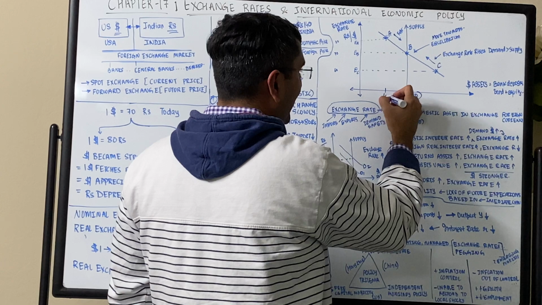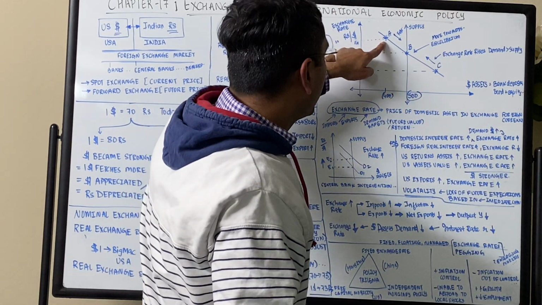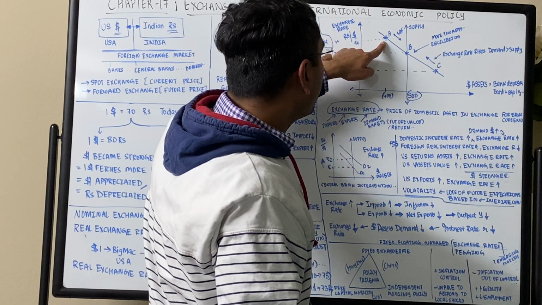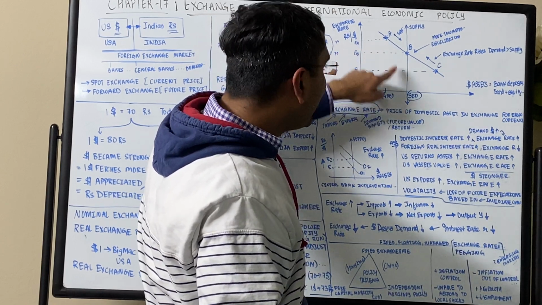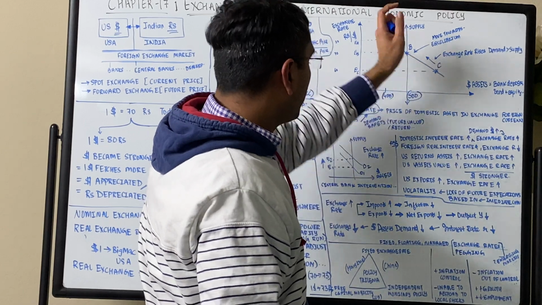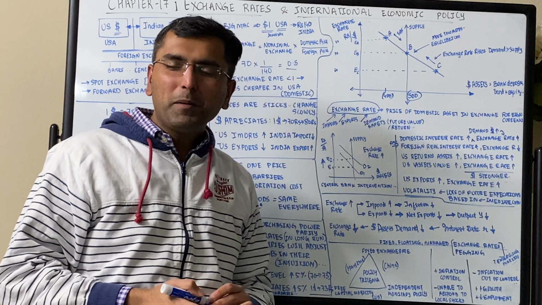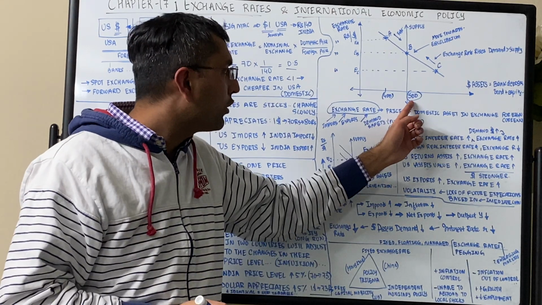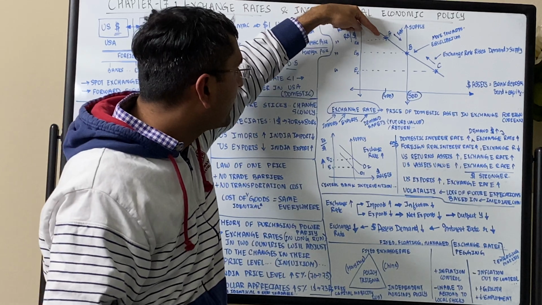But let's say at this point the demand for United States dollar is only 400, right? But the supply is 500. The supply is 500, but the demand is 400. What does that mean? People don't need 500 worth of United States dollar. They only need 400. So then what happens?